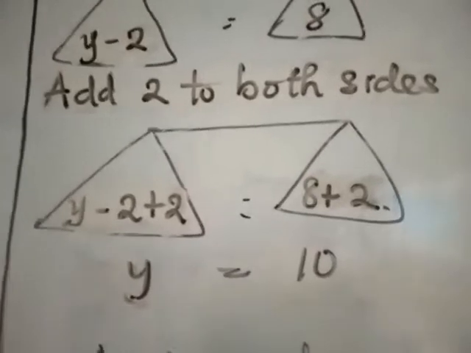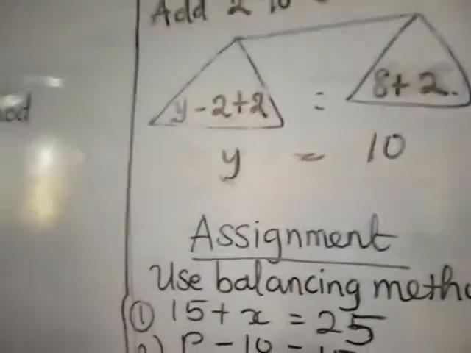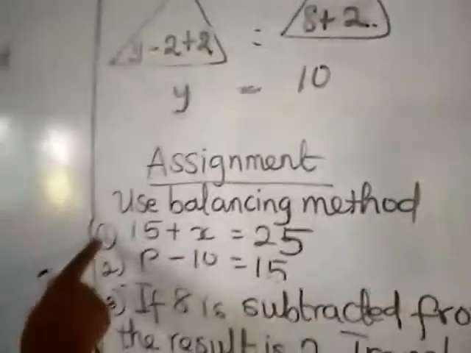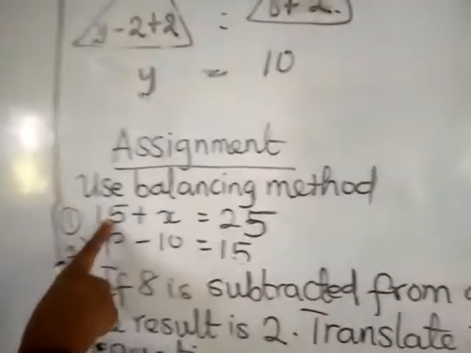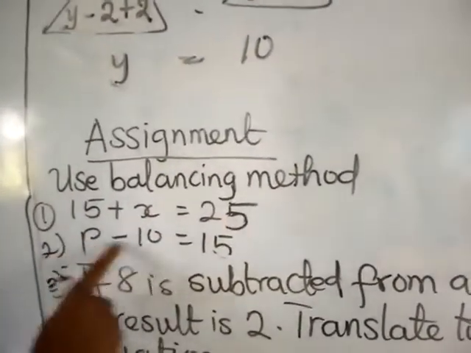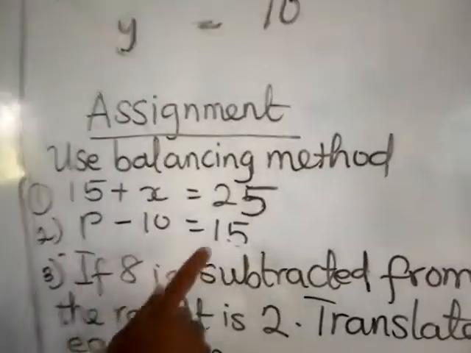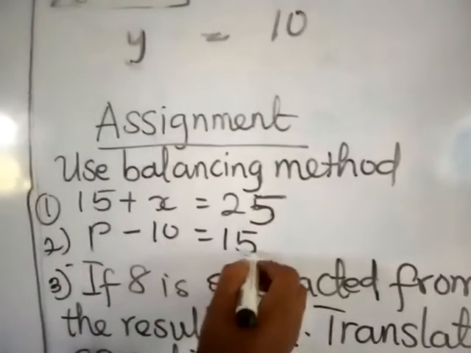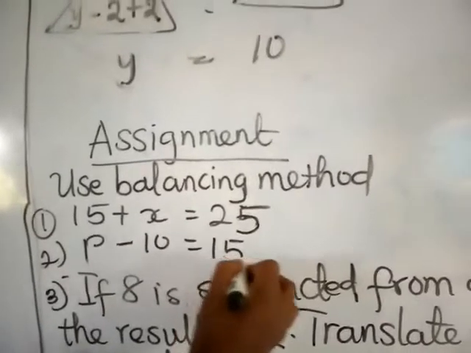Now, our assignment for today will be: use balancing method for number 1 and 2. Number 1 is 15 plus x equal to 25. Number 2 will be p minus 10 equal to 15. We are using the balancing method, the scale method.